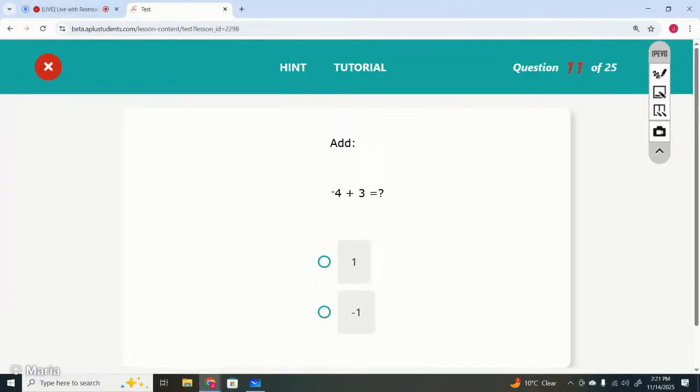Negative 4 plus 3 is negative 1. Option number 2 is the correct option.